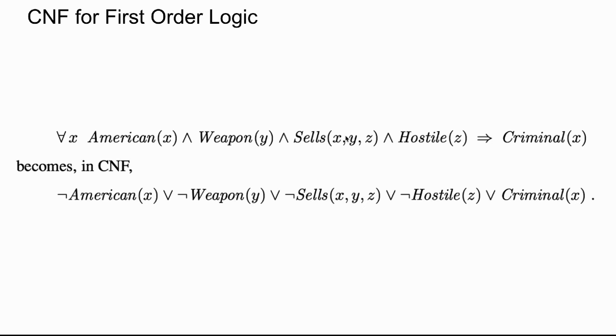So going back to the other problem that we saw just now, when you have for all x, American of x and weapon of Y and sells and hostile implies criminal.